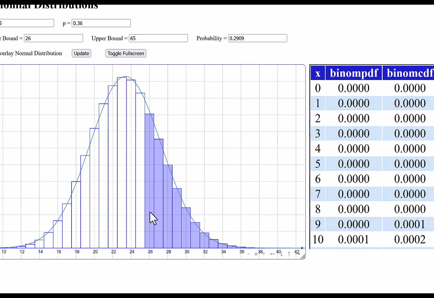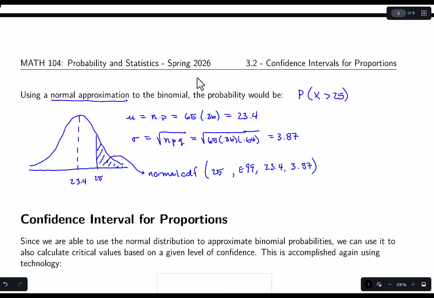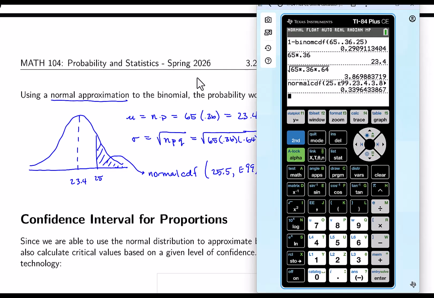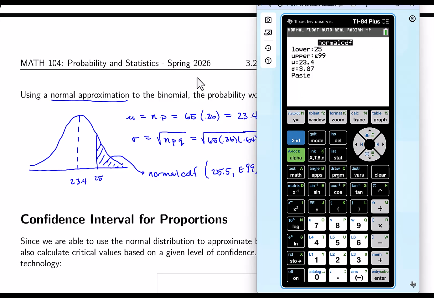So let me go back then to the notes and see the effect. Okay, so instead of going from 25 on, we're going to go from 25.5 forward, and we'll calculate that normal probability instead.